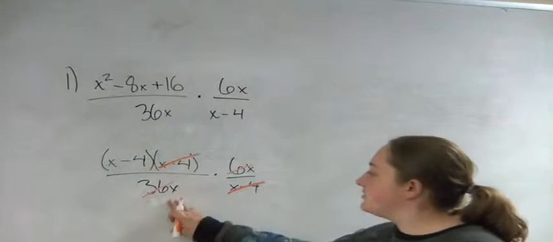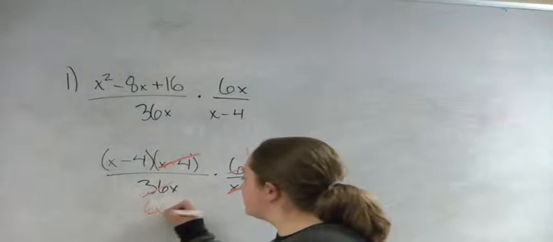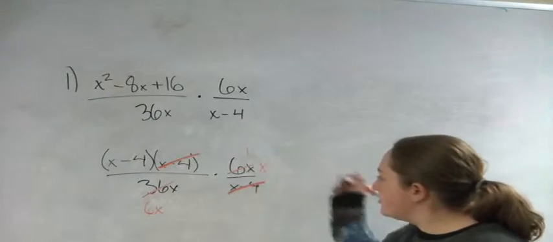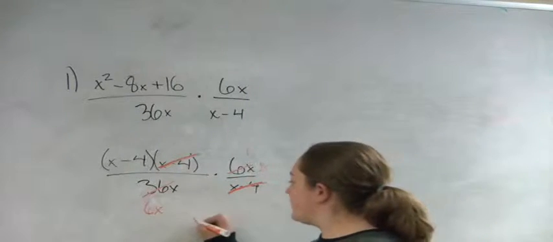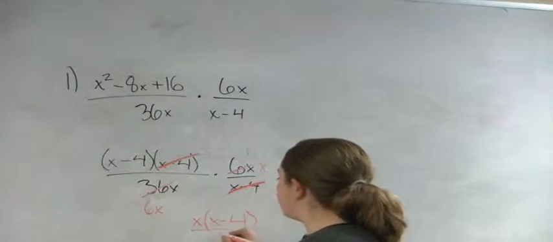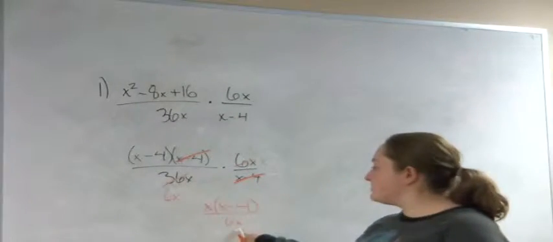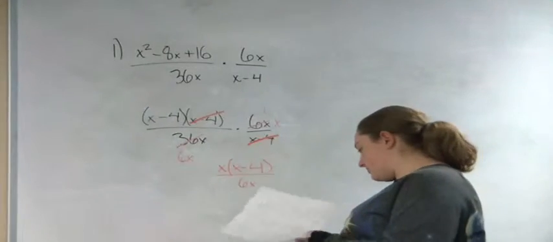So 6 and 36, we're left with 1 and 6x. So we just have the x up here. Now, we're left with x minus 4 over 6x. Now since there's an x down here and an x down here, we can factor those.